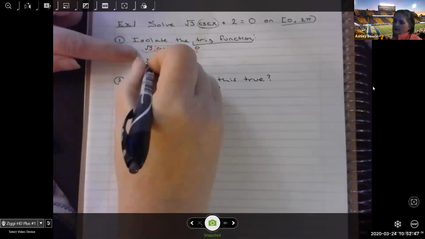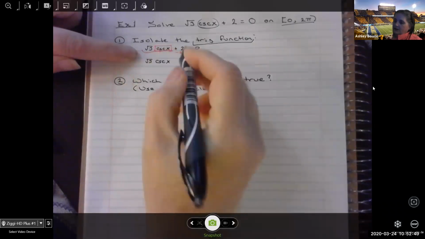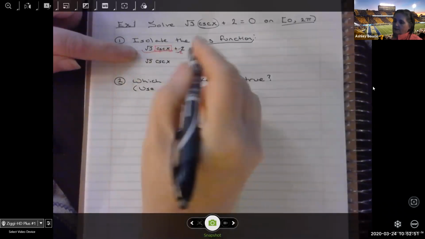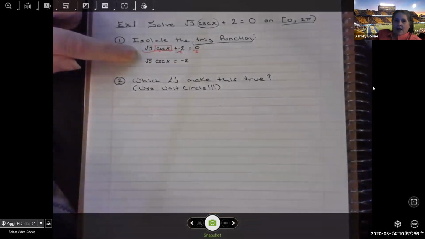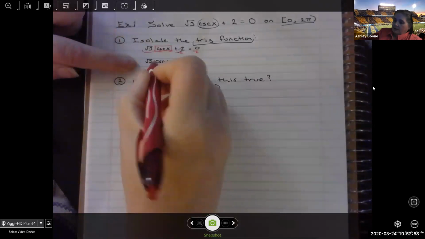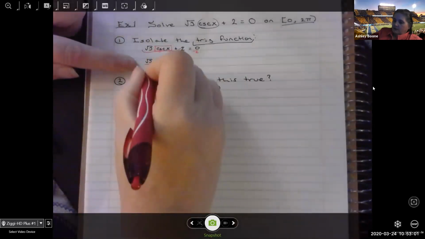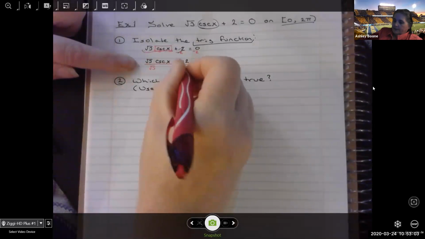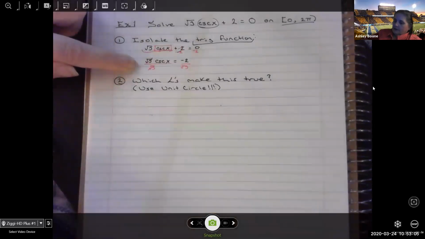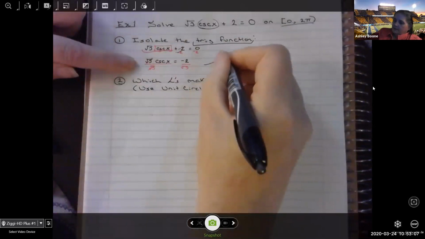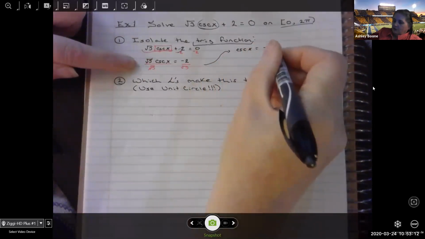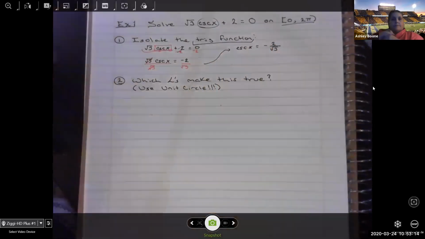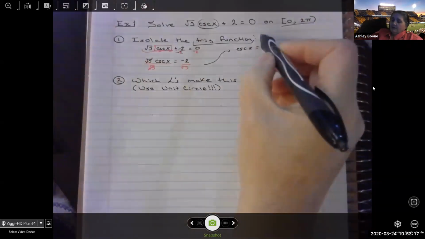And that gives me the square root of 3 cosecant of x. 2 minus 2 is 0, equals 0 minus 2 is a -2. And then I'm multiplying by root 3, so I'll divide both sides by square root of 3. Those cancel. So that gives me the cosecant of x equals -2 over the square root of 3. So we've isolated the trig function.